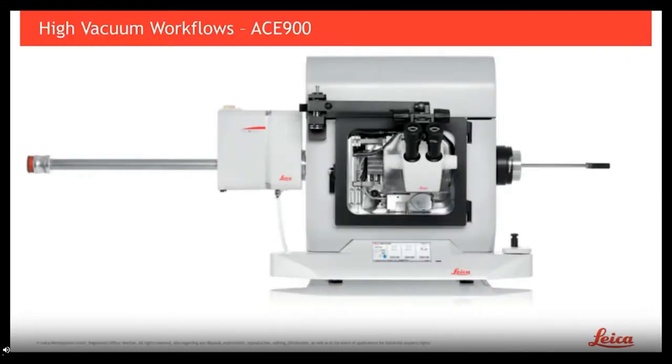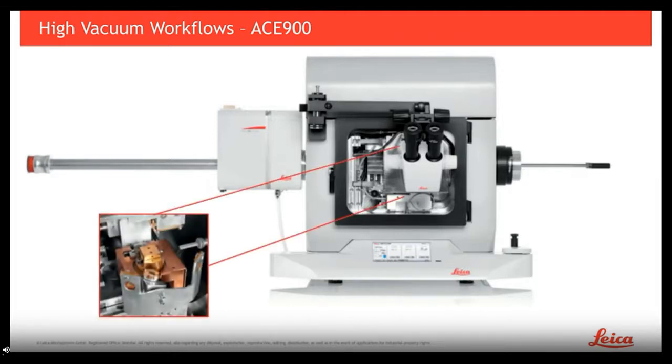The high vacuum workflows that can benefit research goals involving freeze fracture and freeze-etch are generally fairly complex machines. The ACE900 is a large tabletop instrument with the ability to load samples under vacuum on a cryo stage and then carry out freeze fracture and freeze-etch in a controlled, dedicated environment.